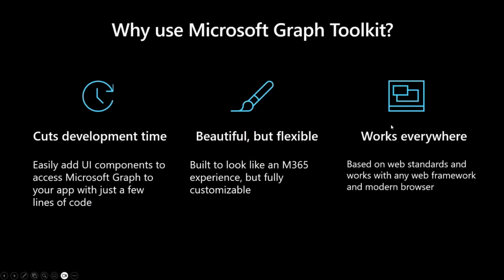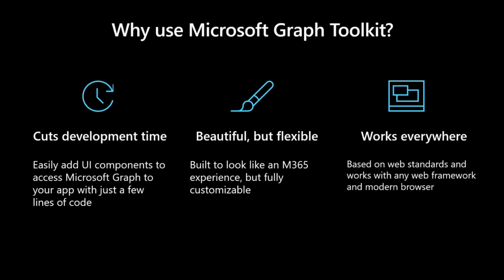So let's move on. Why would you use it? We offer these really beautiful, functional components, but first you should be using it because it cuts development time, where you can really focus on your added value rather than building the same component over and over. And it's literally just a couple lines of code.